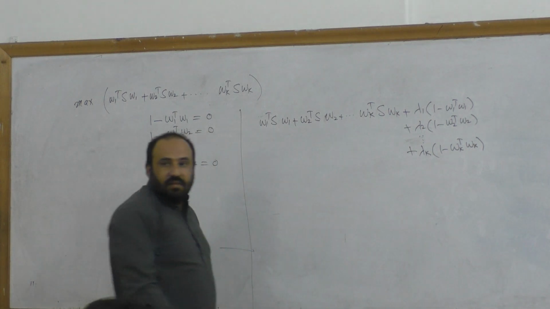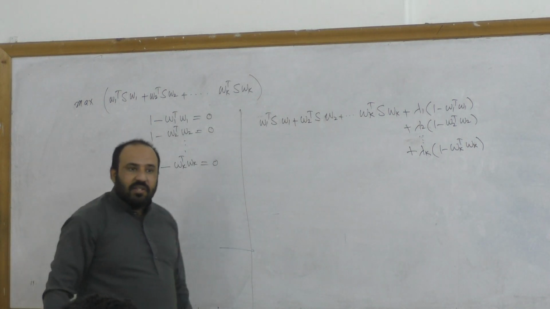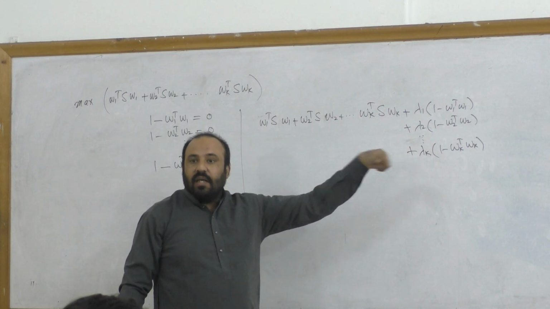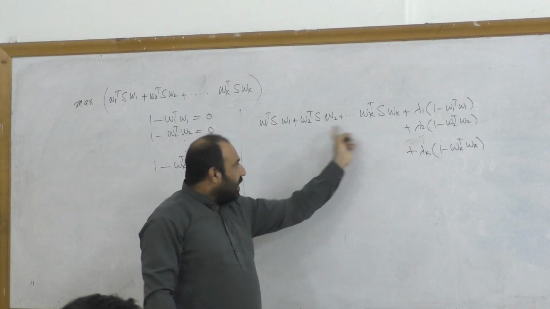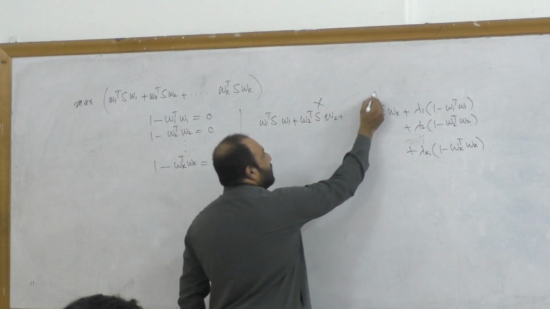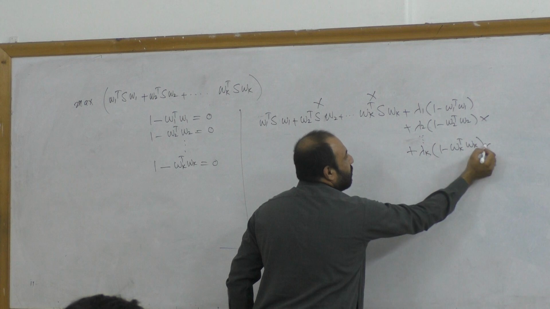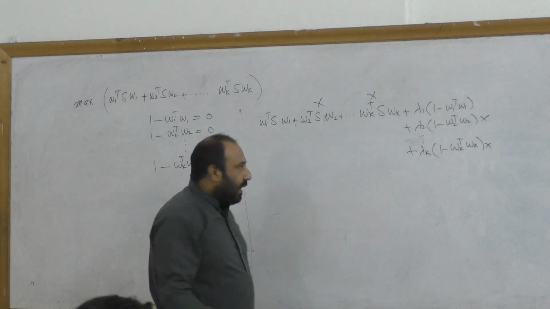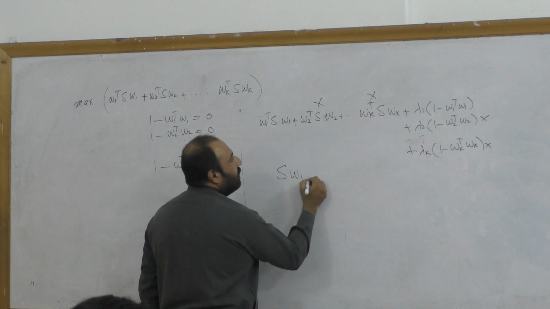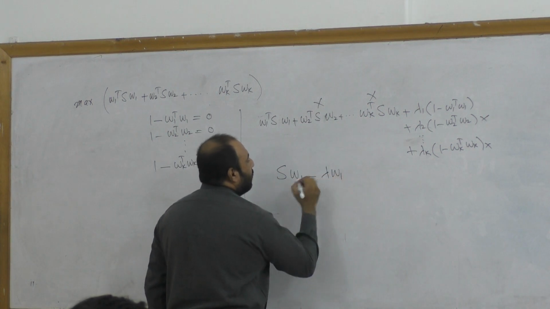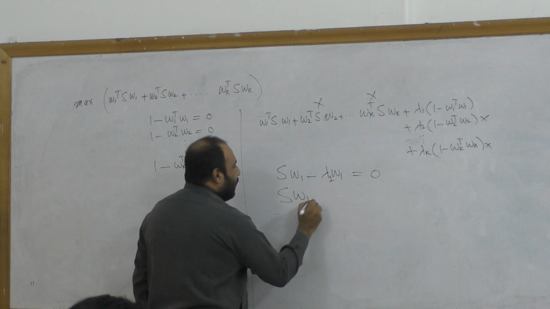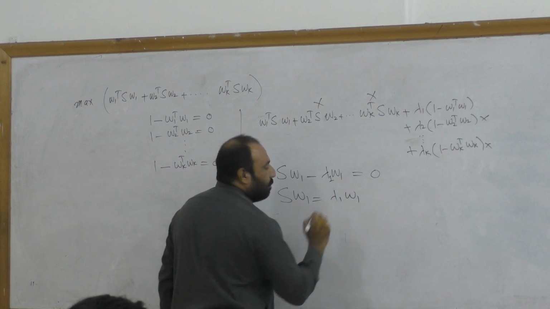That's the Lagrangian. If I differentiate it with respect to W1 and put it equal to 0, the other terms go away, and the derivative becomes S W1 minus lambda 1 W1 equal to 0. So S W1 is equal to lambda 1 W1.